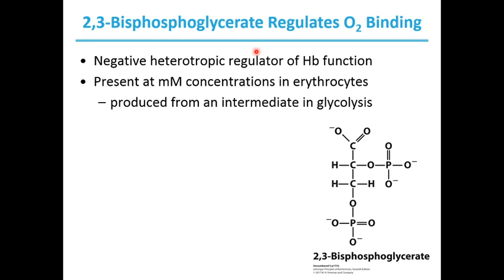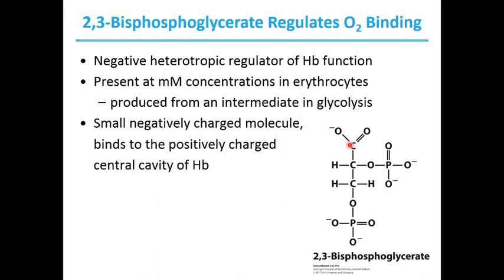This is present at millimolar concentrations in erythrocytes, or red blood cells, and is produced from an intermediate in glycolysis. It is a small, negatively charged molecule, which has two phosphates.